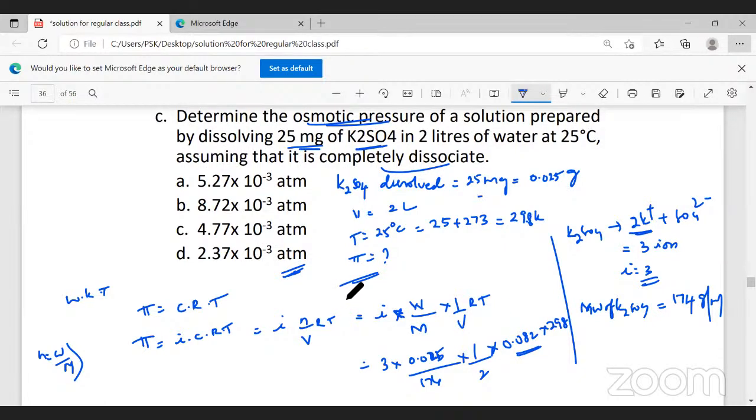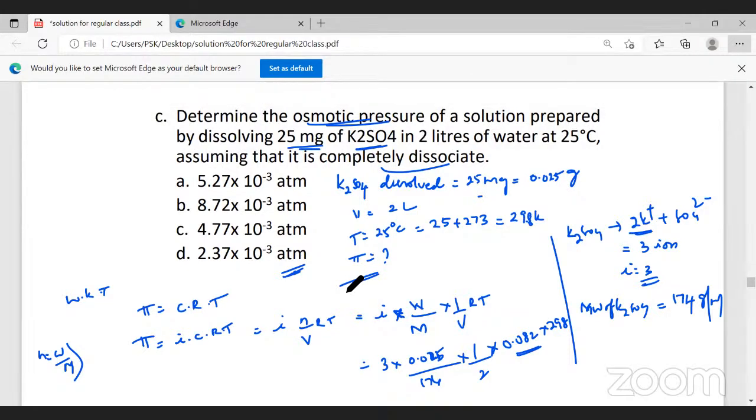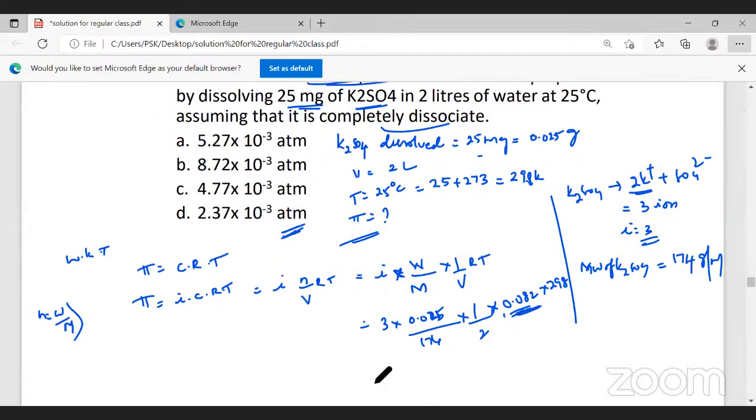In case of pascals, we took the R value as 8.314 into 10 to the power 3 Pascal liter per Kelvin per mole. When the pressure is in atmospheres, we take R as 0.082.